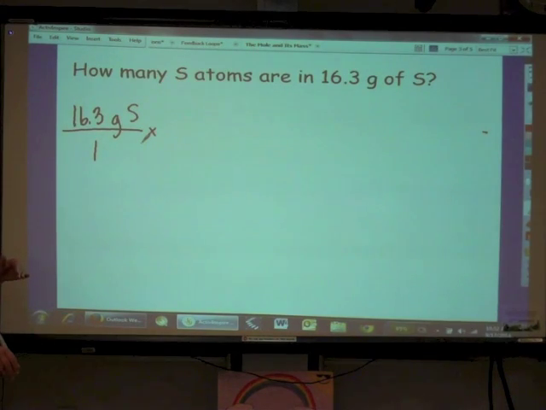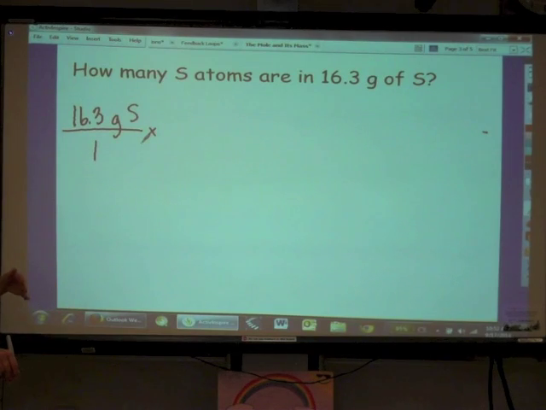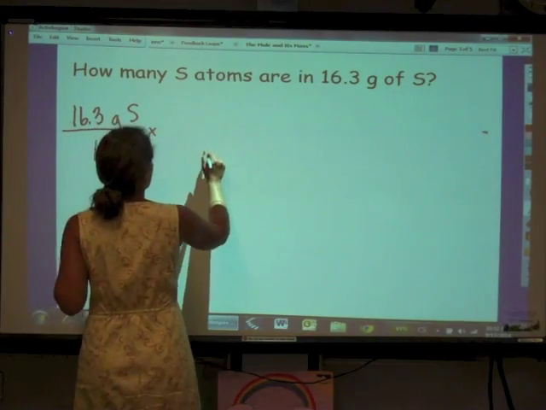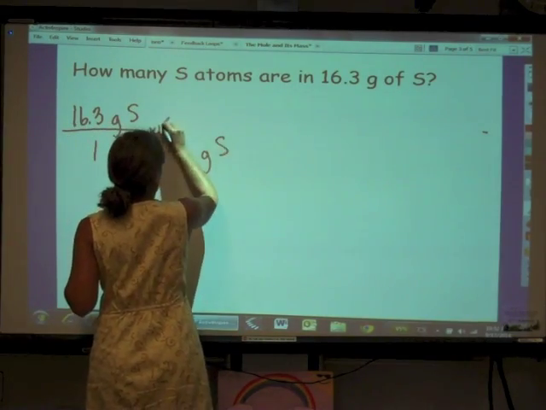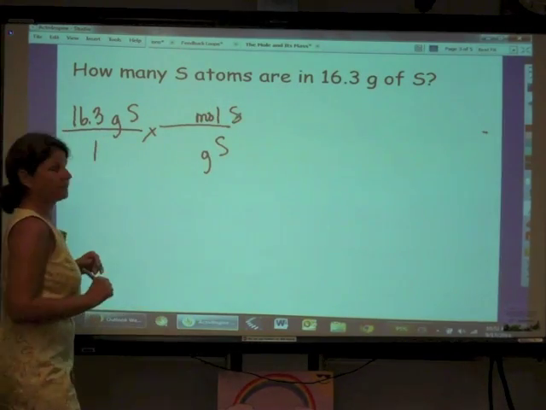We can go from grams to moles, and then moles to atoms. So, if we've got this many grams of sulfur, what conversion factor are we going to use to go from grams of sulfur to moles of sulfur?